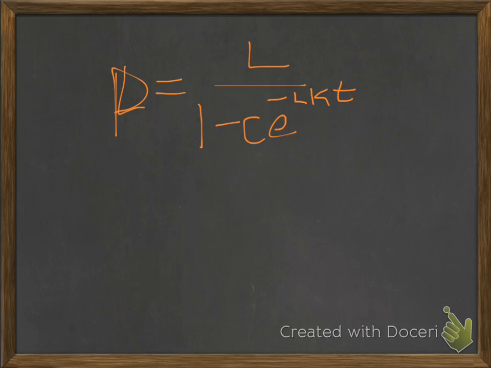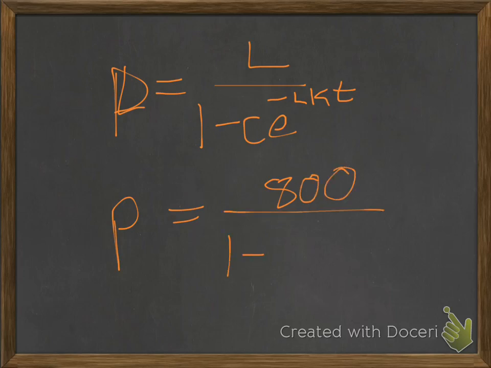This is the logistic population function. We've got an L of 800. 1 minus, I don't have a C. Not yet anyway. E to the negative 0.047 times my L of 800. T.